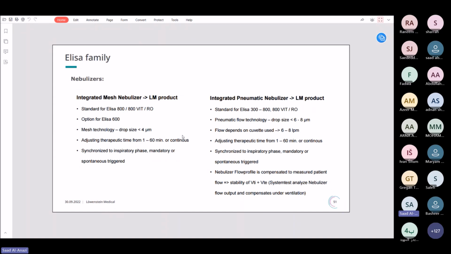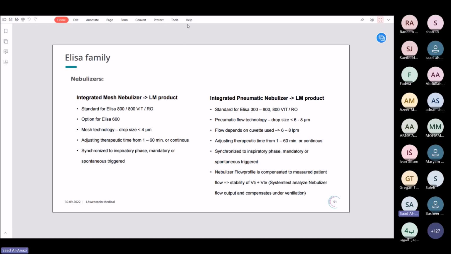Also, it synchronizes the inspiratory phase or the mandatory spontaneous trigger during the therapy. Also, we have a pneumatic nebulizer. The pneumatic nebulizer you can find in all our ELISA 800.